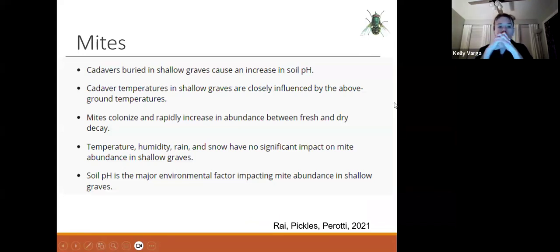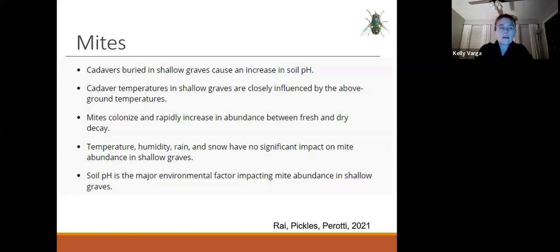All right, mites. So again, I found this recent research paper, and I thought this did a really nice job of summarizing some of the aspects of mites associated with forensic entomology. So again, mites themselves, as most things are, are affected by pH. If cadavers are buried in shallow graves, this will cause a change in soil pH.